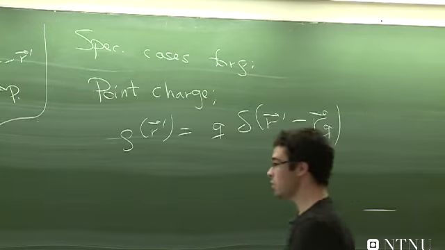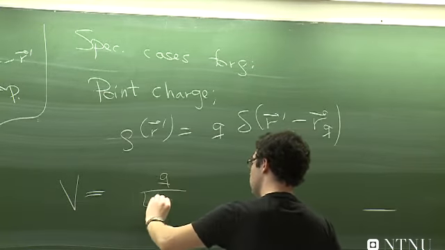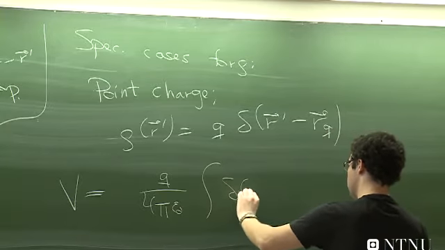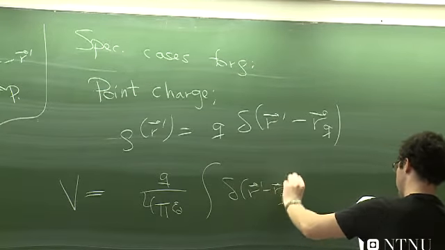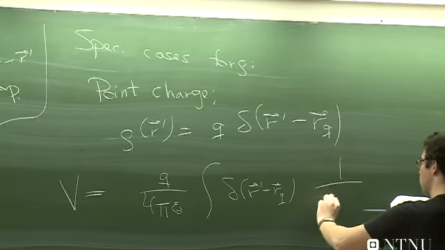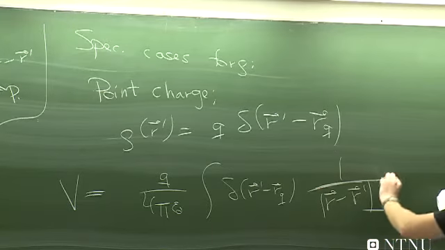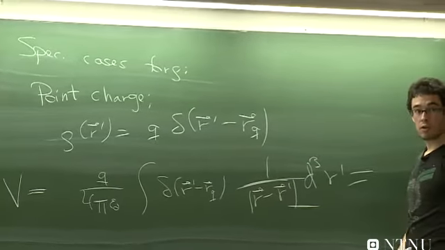And if I insert this into the solution, then V is equal to q over 4 pi epsilon naught integral of delta of r prime minus r_q times 1 over the magnitude of r minus r prime d3r prime. That's a lot of writing, but this delta function makes sure that this integral is really easy.